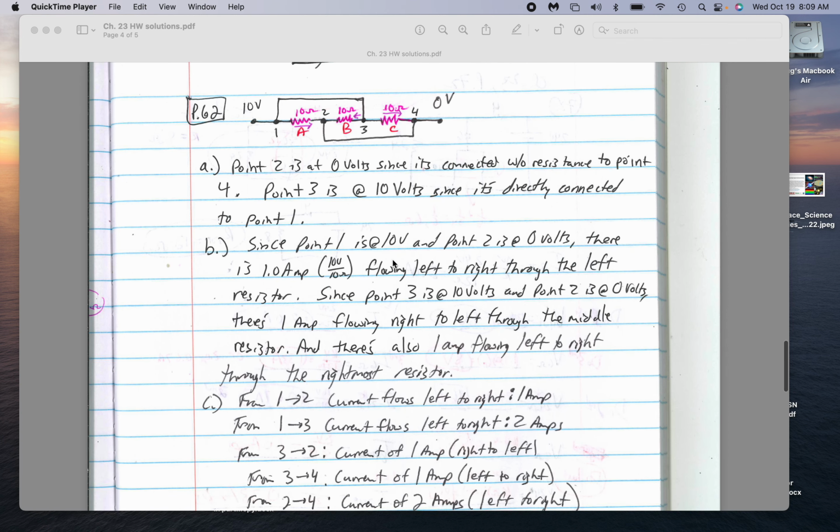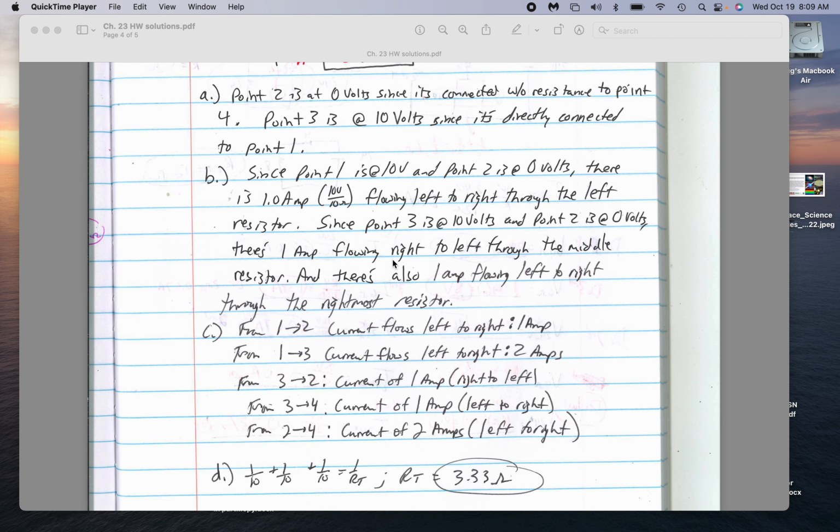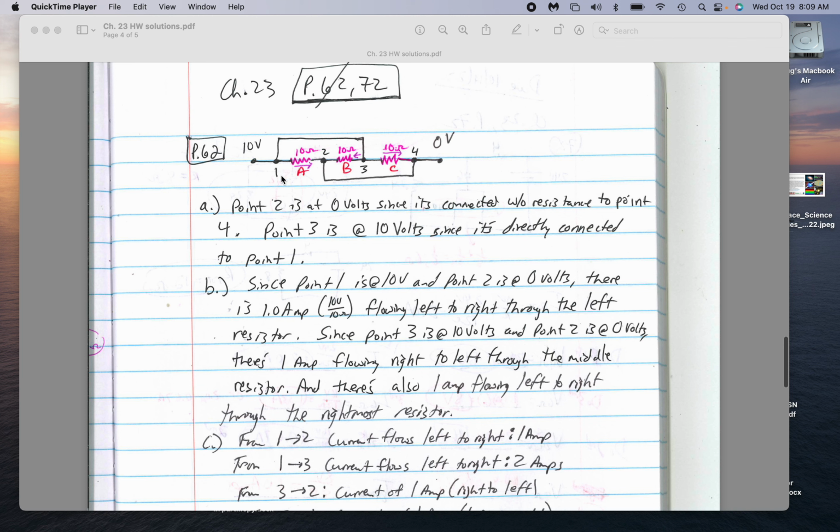When we think about wires, certain of those wires actually have 2 amps going through them. So for example, from 1 to 2 directly would have 1 amp, but this has got to carry 2 amps because it's now going to split and have 1 amp go from 3 to 2 and 1 amp go from 3 to 4.